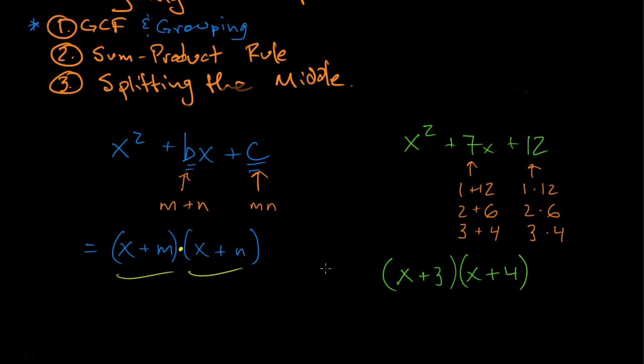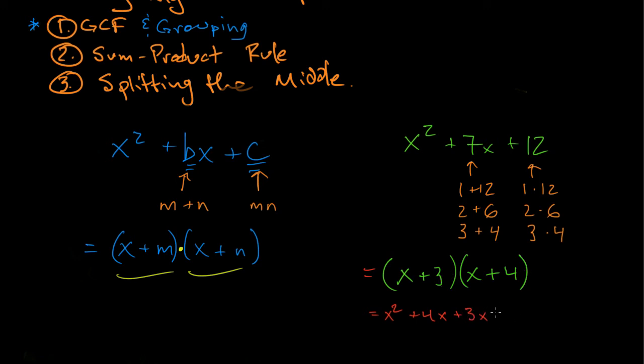Well, to check my factor, I'm going to see if x plus 3 times x plus 4 equals x squared plus 7x plus 12. When I multiply, I have to multiply each term here by each term here. So x times x is x squared. X times 4 is 4x. 3 times x is 3x.